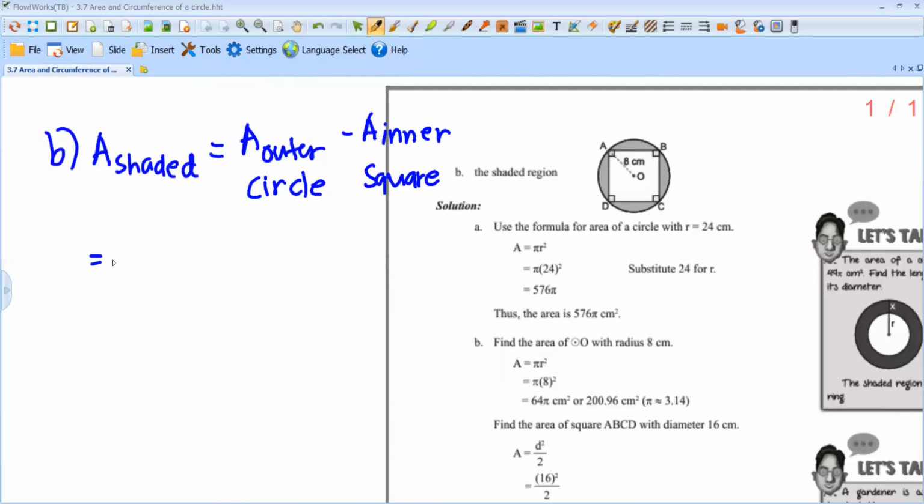So we just get pi r squared minus s squared. The square has area s squared. So therefore, we will have pi times r, where r is 8, minus the side squared.